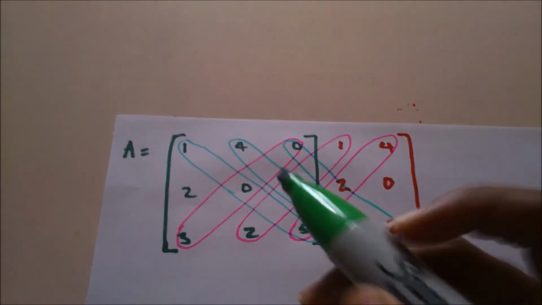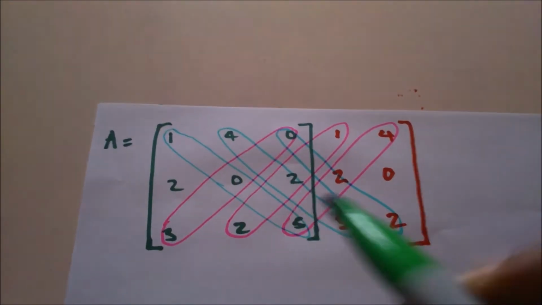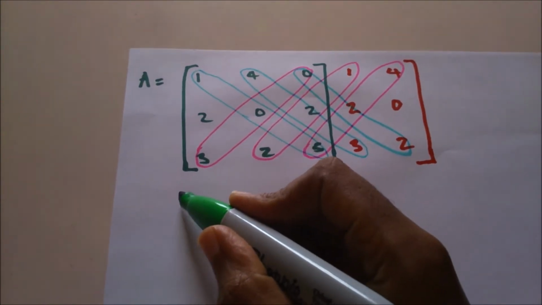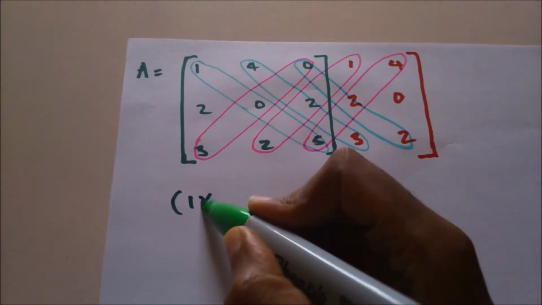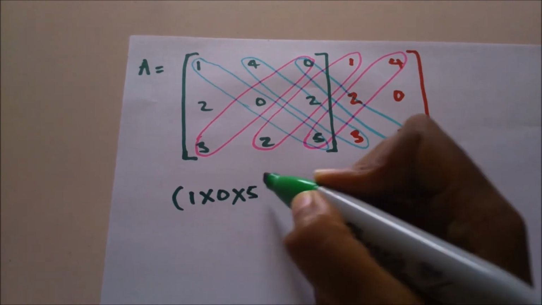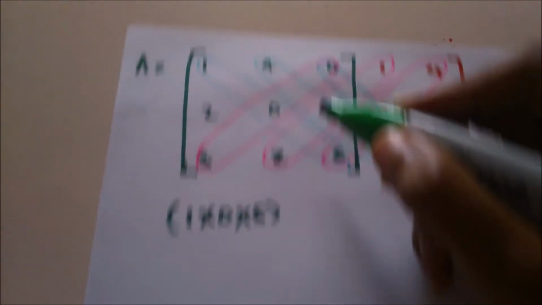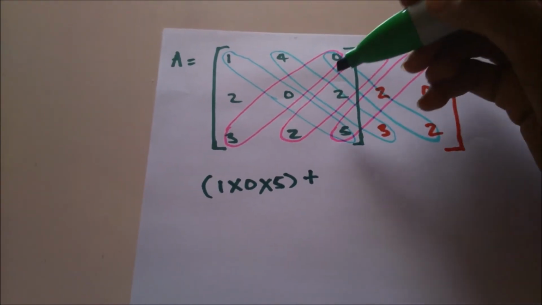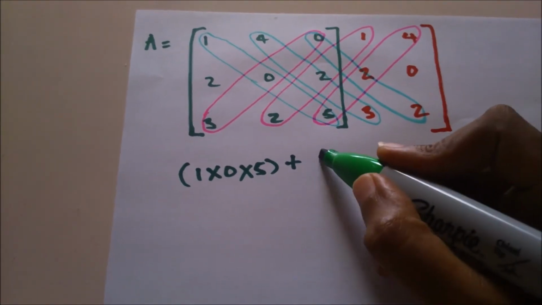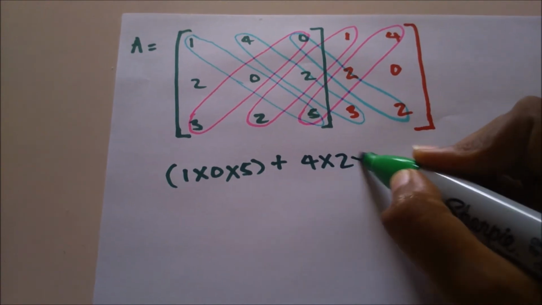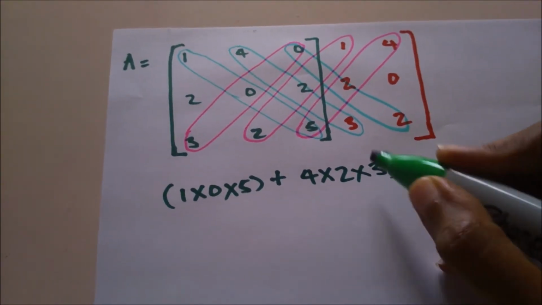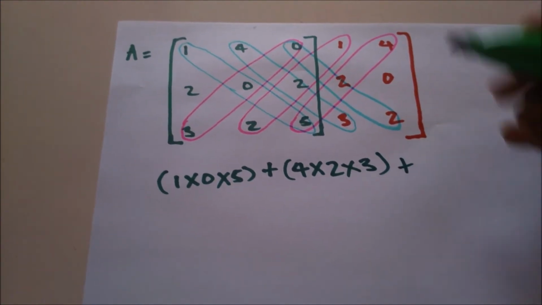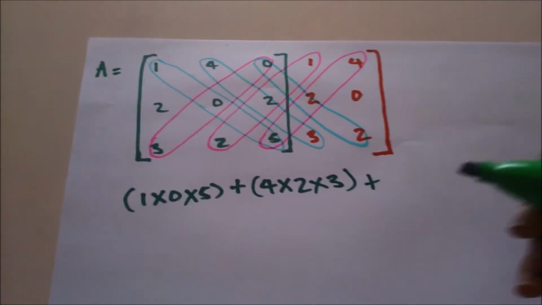So what we have here is 1, 0, 5, and it's going to be written as 1 multiplied by 0 multiplied by 5, plus 4 times 2 times 3, plus 0 times 2 times 2.